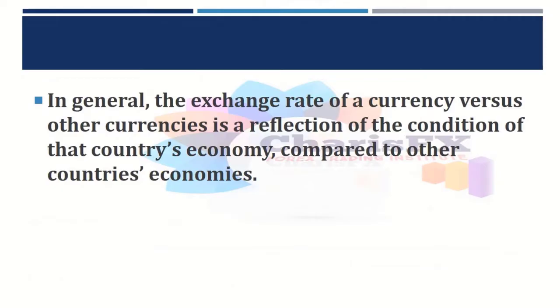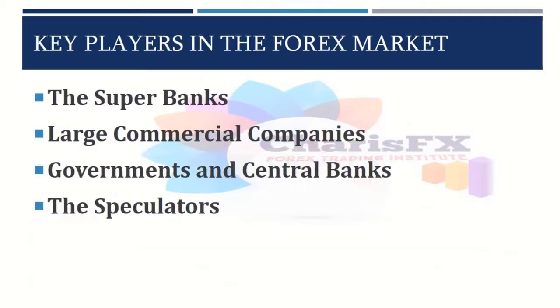So, who are the key players in the Forex market? The key players are basically the super banks, the large commercial companies, government and central banks, and speculators. Retail Forex traders fall under the speculators. When I say retail, I am referring to individuals. We all fall under the category of the speculators.